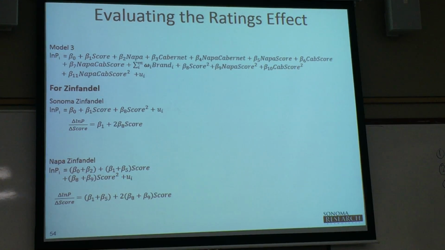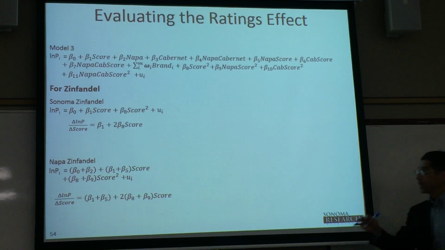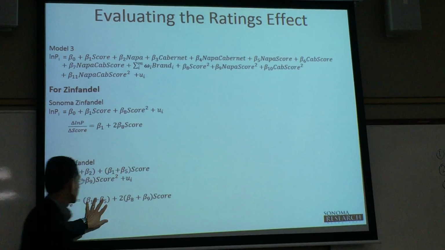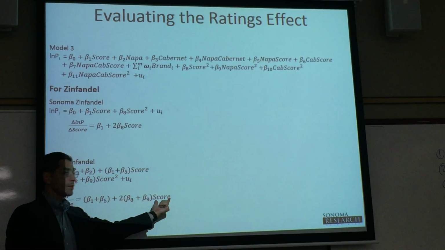Not really. I took the derivative, but we don't want to get into that. But we do have the same syntax: coefficient on score plus 2 times the coefficient on score squared times score.